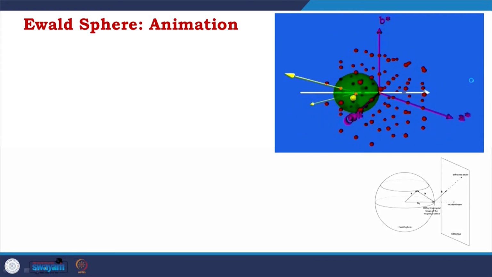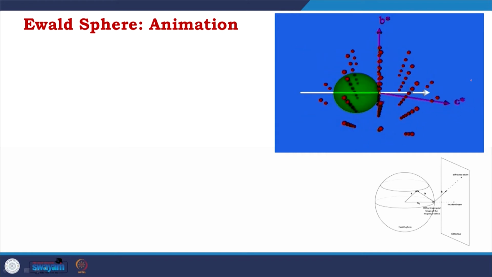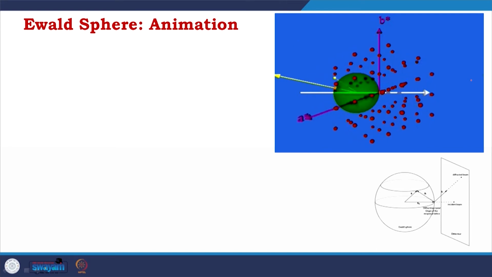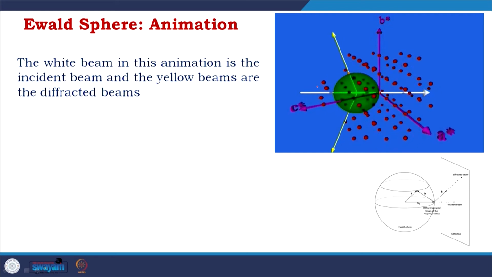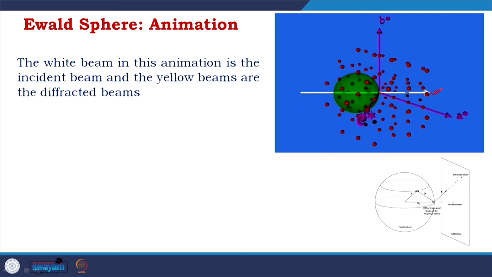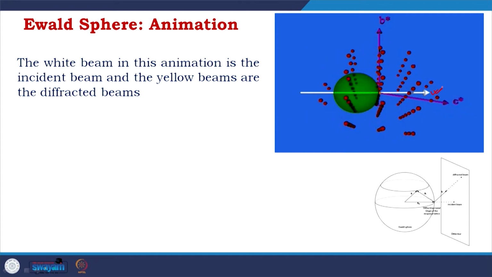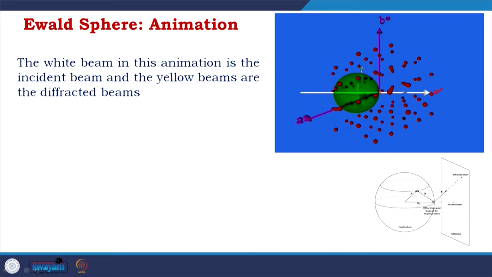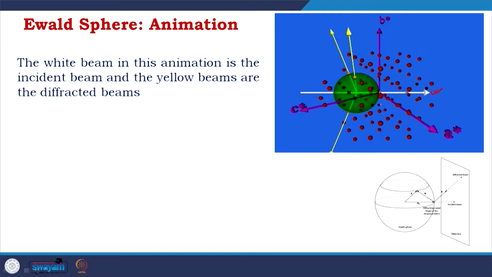If you look at the animation, you will understand it much better. So, if you see here, the white beam you are looking at is the incident beam, and then you see the yellow beams are generated, they are the diffracted beams.